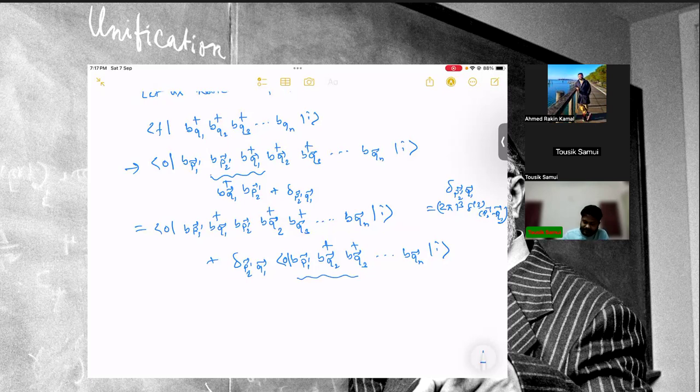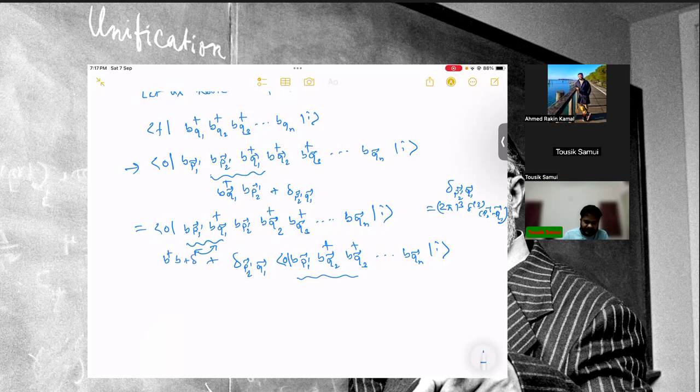Now again, just like before, if we swap these two, then we'll have B dagger in front, B, and then some delta functions.